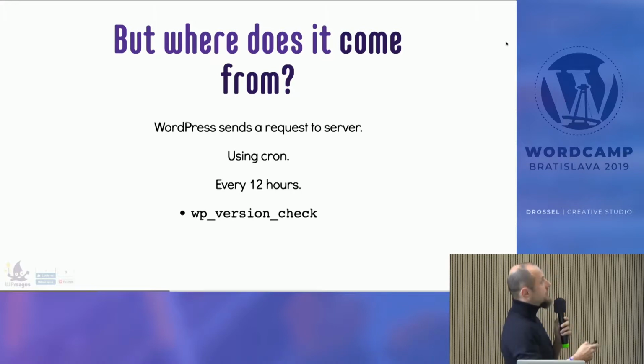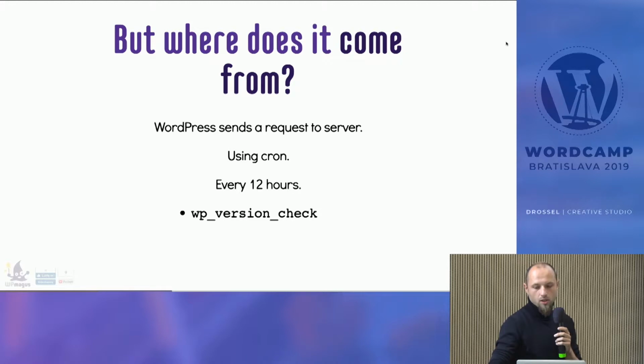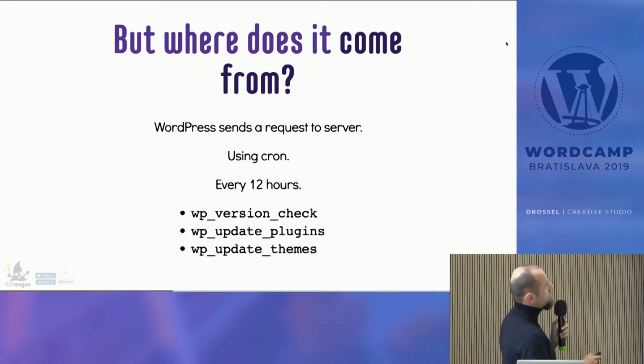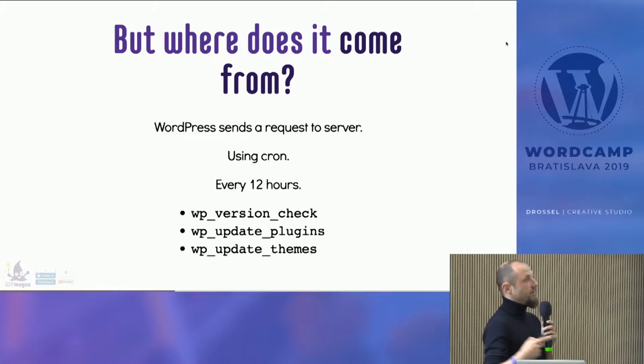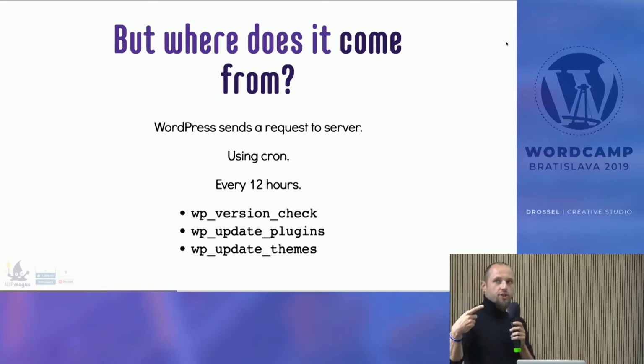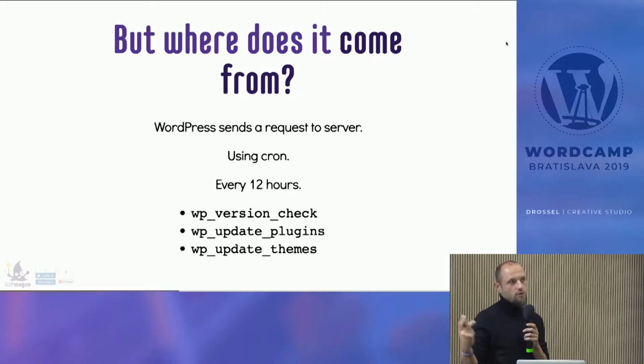And these are the event names that are used for WordPress cron. wp_version_check, this is the event for checking the version of WordPress itself, the core version. wp_update_plugins, this is the event for checking if there are new versions for plugins. And wp_update_themes, this is the event for checking if there are new versions of themes. Okay.